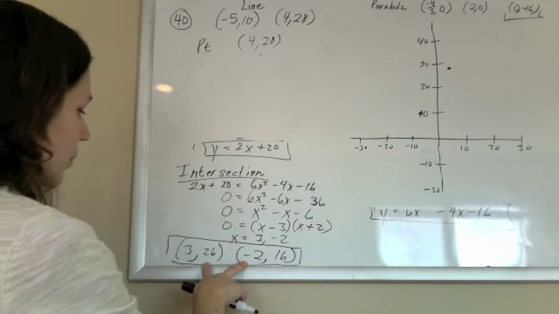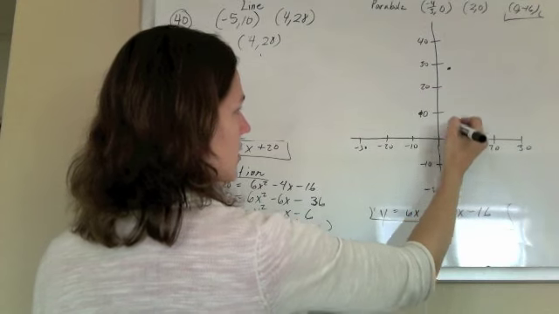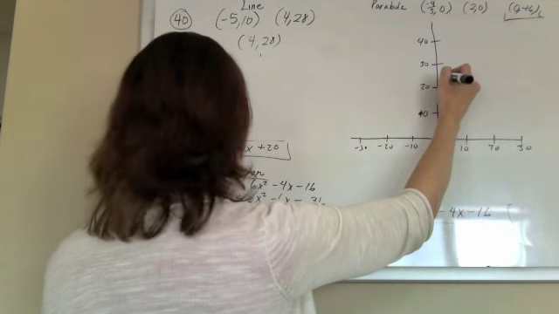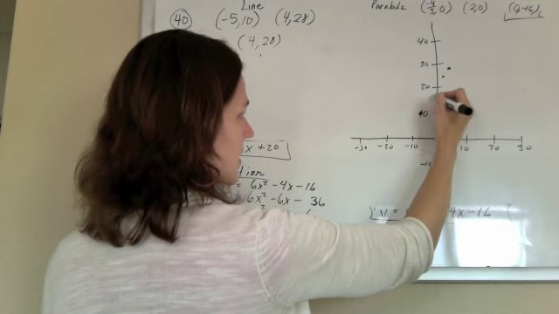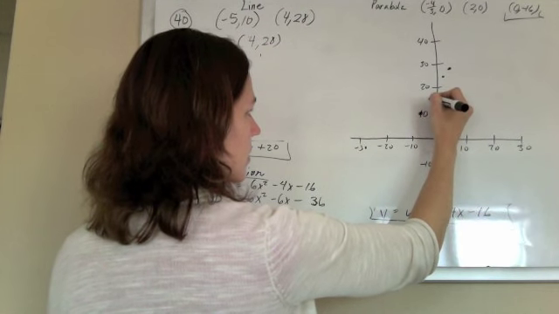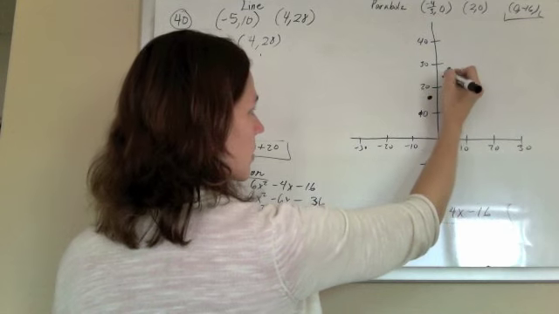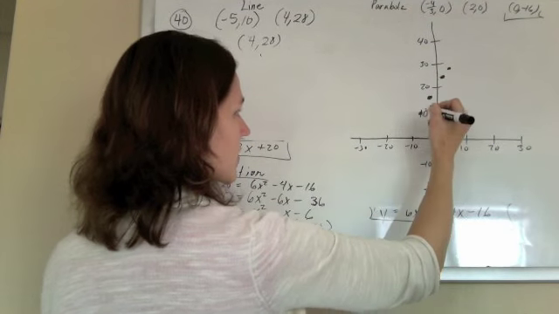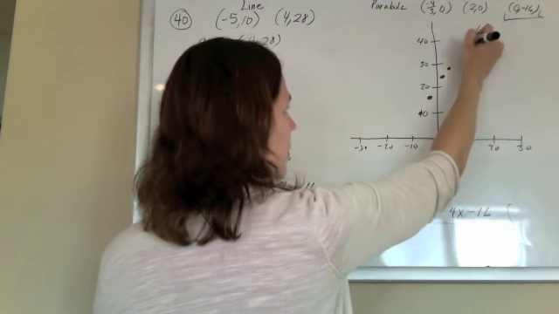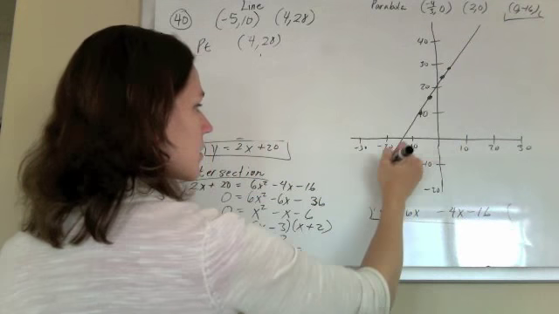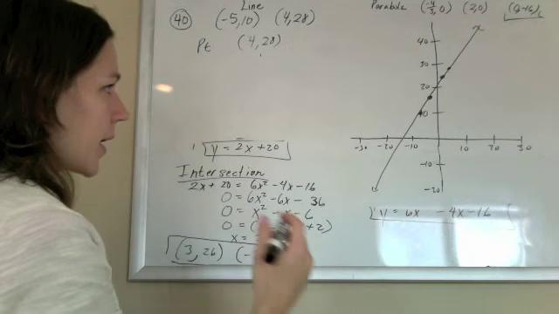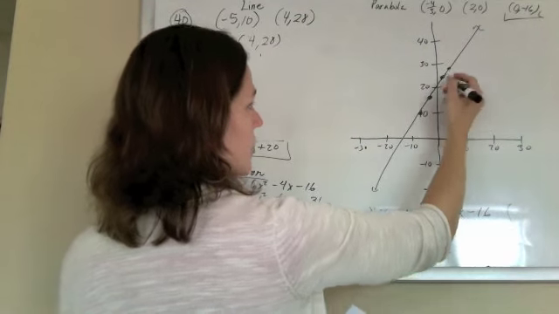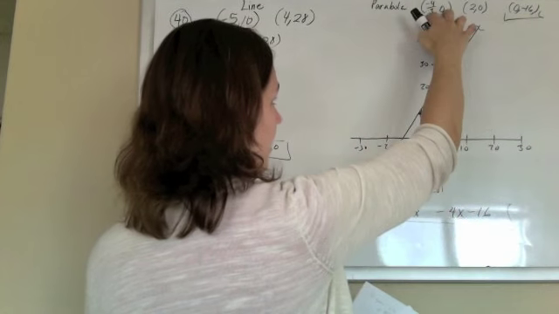So I'll plot these points, 3 and 26 and negative 2 and 16. Those points there were my points of intersection. My line will go through all those points. Excellent. And my parabola should go through those 2 points of intersection and these points here.